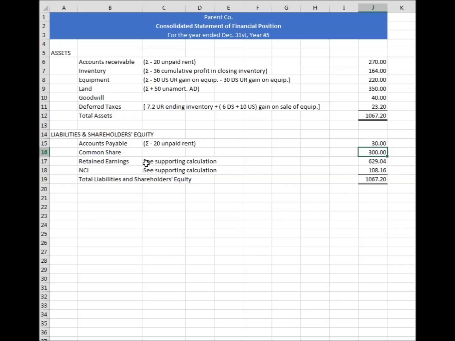And over here we have our retained earnings and our non-controlling interest that we calculated in previous slides, providing us with an amount of $1,067.20 to balance at. Once again, not sure if these are cents or if this is in thousands. It doesn't really say anywhere. We're going to assume that it's not, just because I've been saying cents.